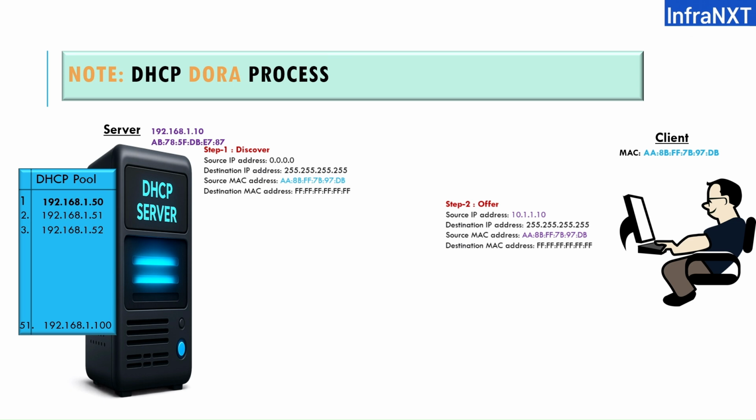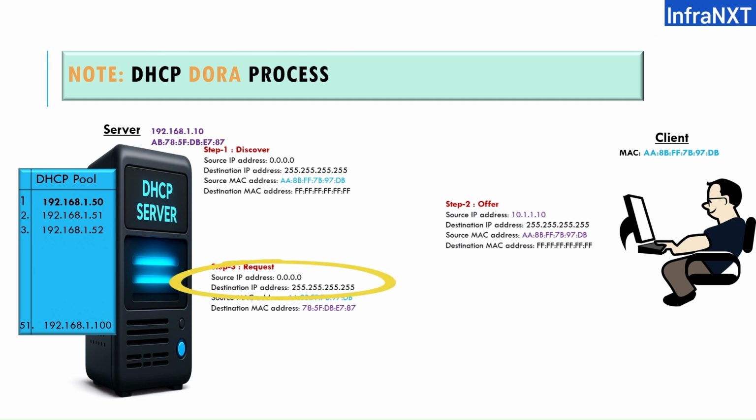This broadcast message is received by all the clients in the network, but the client who requires an IP address responds with a DHCP request. This message is broadcast at the network layer but unicast at the data link layer. You can see that for the destination address, the client has included the MAC address of the server.